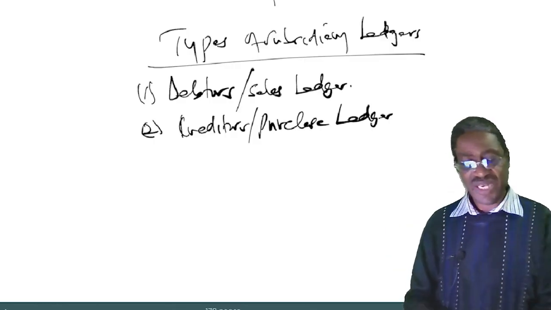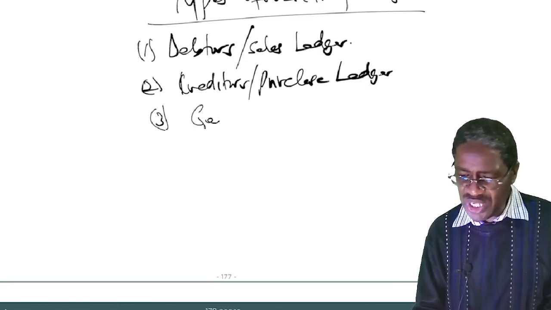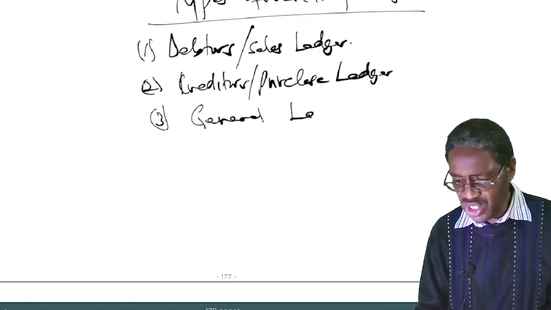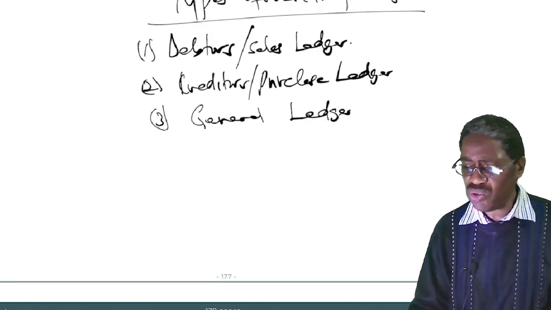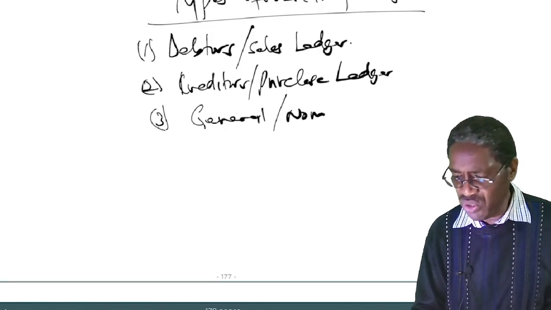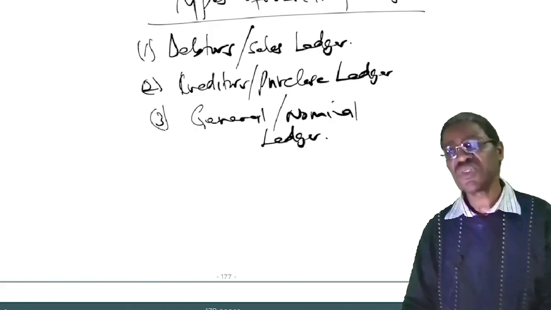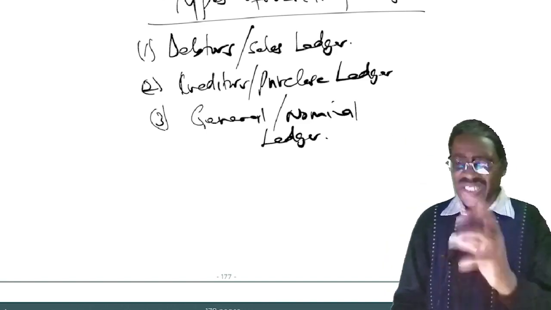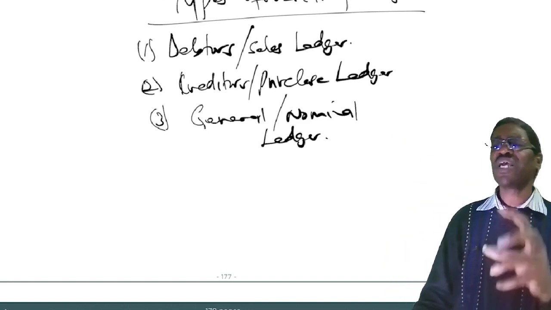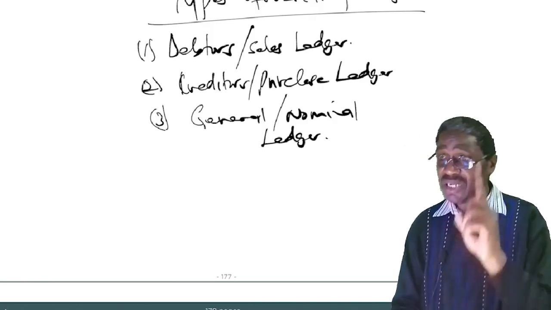Good. Next, another type of ledger is what we call the general ledger. It's also called the nominal ledger. Listen, this ledger contains all other accounts.